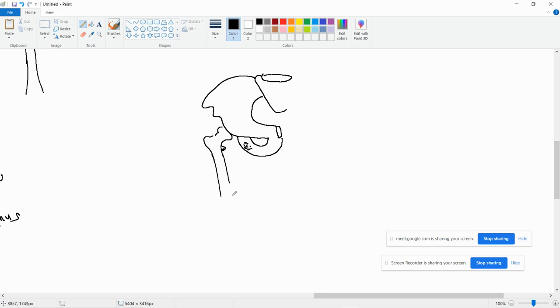This is the shaft of your femur, class. This is the condyle of the femur, the condyle of the tibia, and laterally this is your fibula. Don't forget your patella sitting over here.